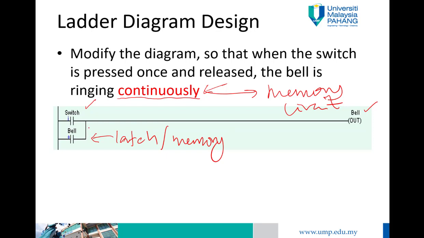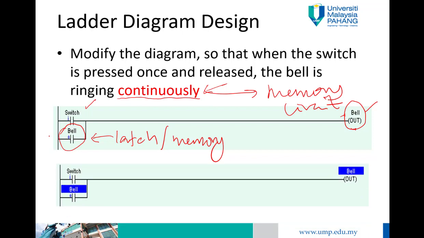This is called the latch of bell. We have the output of bell, the coil of bell, which is turned into the input, or the contact. So when we press the switch, the bell output will turn on, so the bell contact also will be connected. The output will stay on continuously, and the bell will ring continuously.